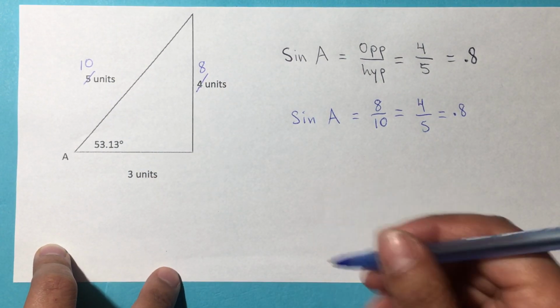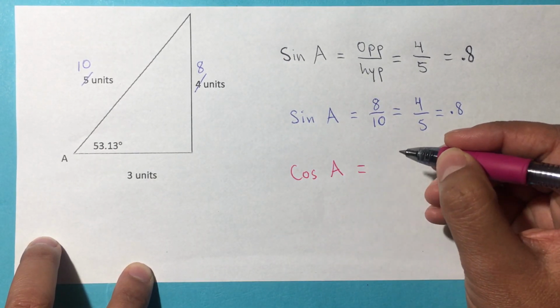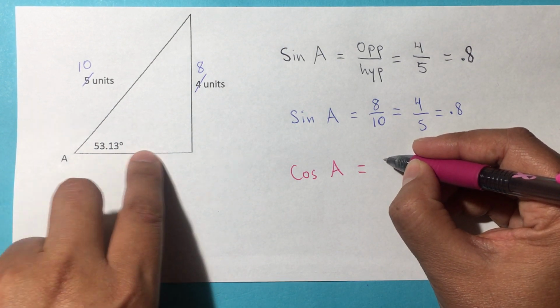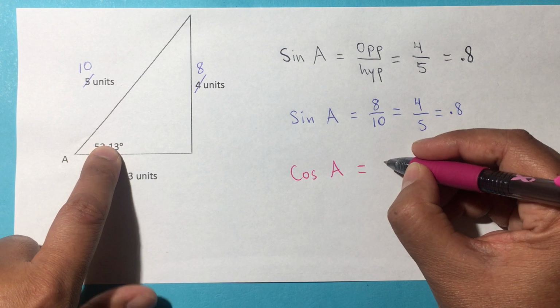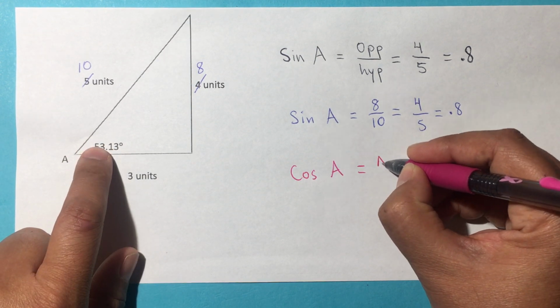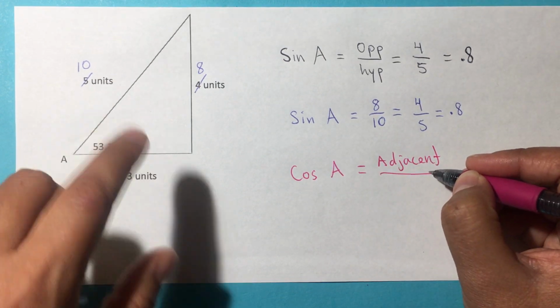Now let's do it with a cosine. Cosine of A is equals to adjacent. Adjacent is the one that touches that angle, but it's not the hypotenuse, okay? So adjacent over hypotenuse.